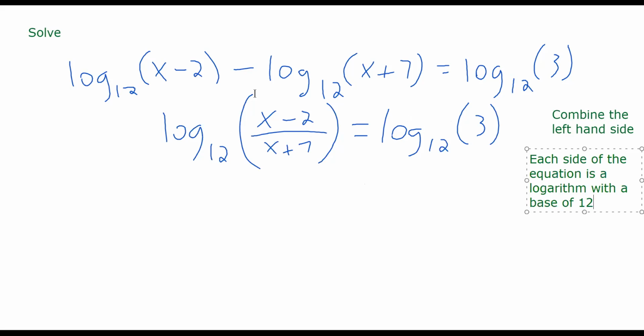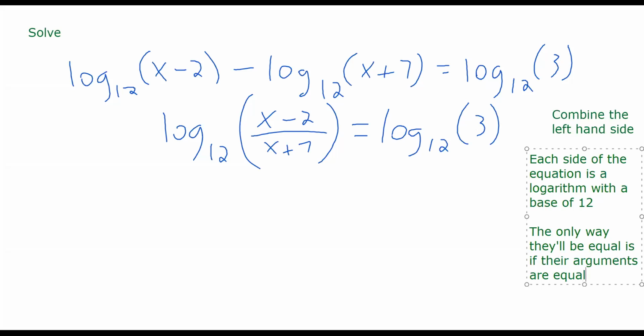The only way that this left-hand side is going to be equal to this right-hand side is if their arguments are equal. You're taking the log base 12 of something and setting it equal to the log base 12 of something. The only way each side will be equal is if the insides are equal.